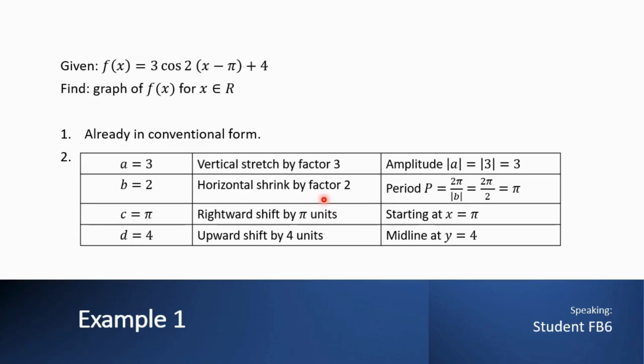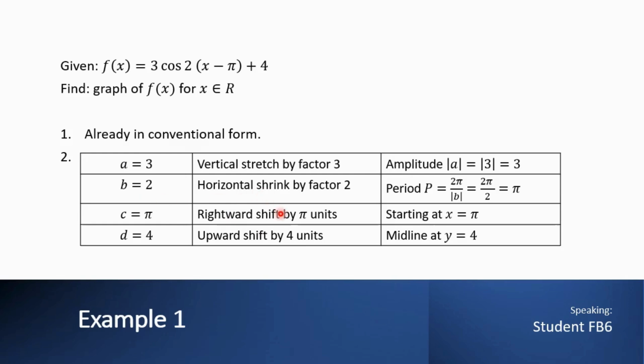So what do these values mean? A equals 3 means that the parent function will vertically stretch by a factor of 3 and the amplitude is 3. B equals 2 means that there is a horizontal shrink by a factor of 2 and our period becomes pi instead.